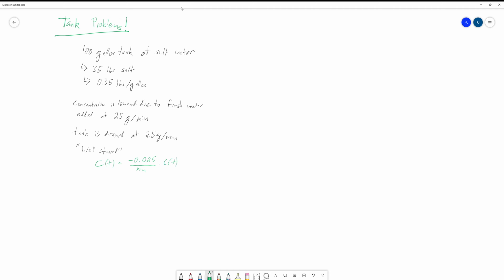See, this is actually C prime, so this is the rate of change of the concentration, equals negative 0.025 times C, where C of t equals concentration at time t.